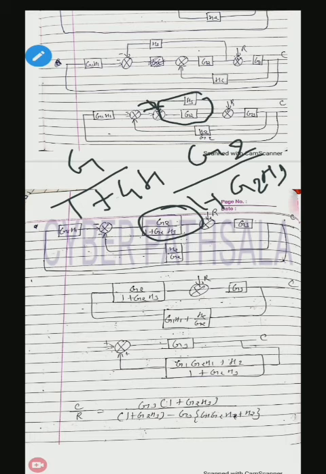Here again we have this block and this block, which are in parallel. So we add the two blocks that are in parallel and replace them with a single block.